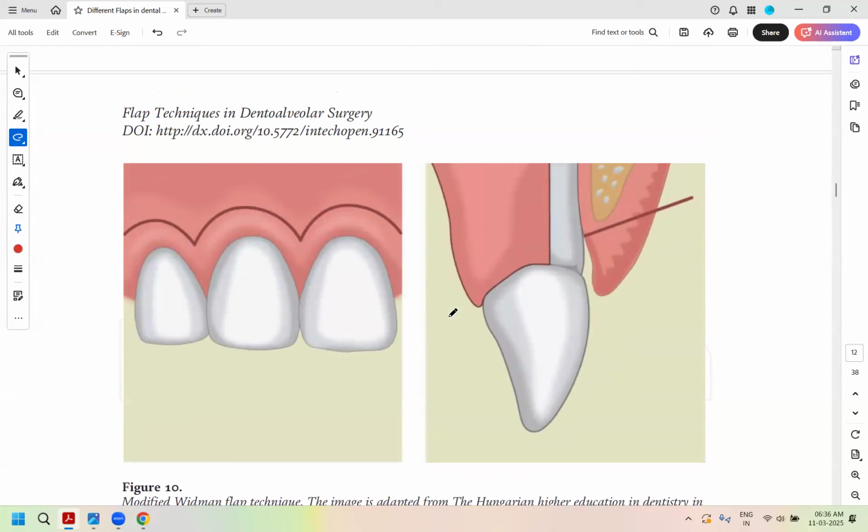And then the sulcular incision and the vertical releasing incisions expose the bone. That's your full thickness flap. And when your incision goes only till the partial connective tissue, not hitting the bone, and you leave partial connective tissue on the bone and do not expose the bone, that's your partial thickness.